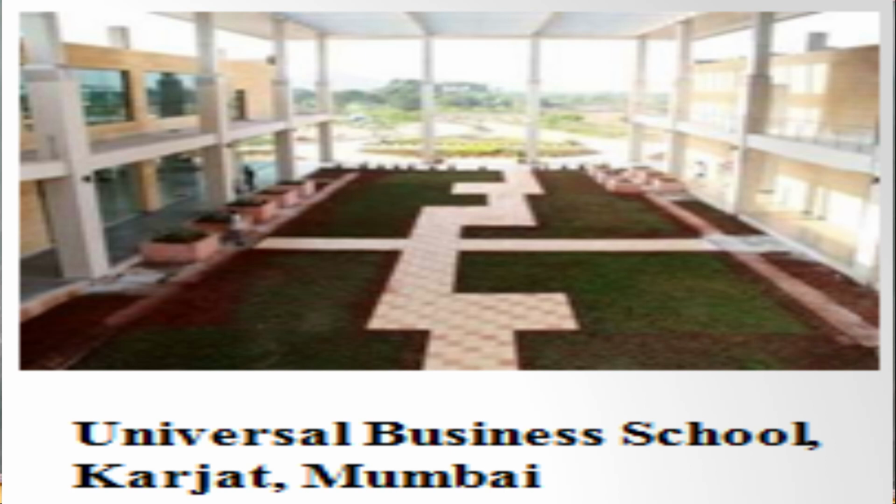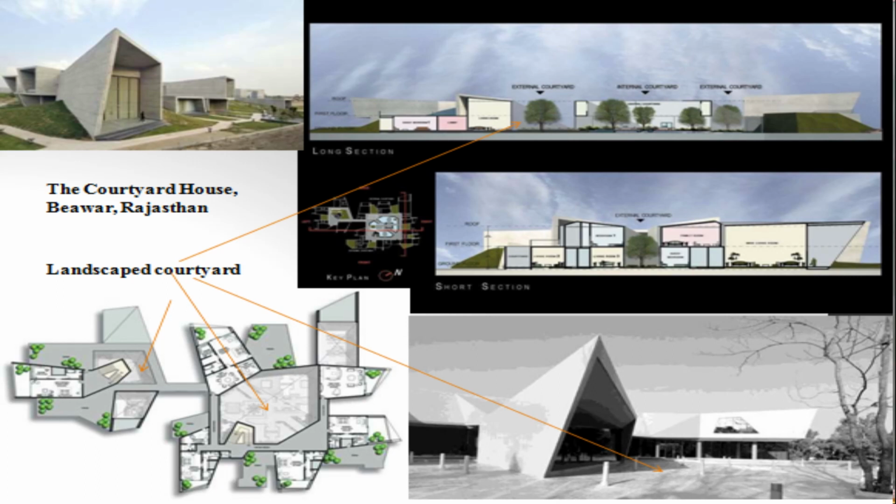Okay. The other one is from Bewar, Rajasthan, where you can again see the courtyard effect utilized in this particular structure. And you can see the various buildings which are utilizing landscaped courtyards in order to have a passive cooling system.